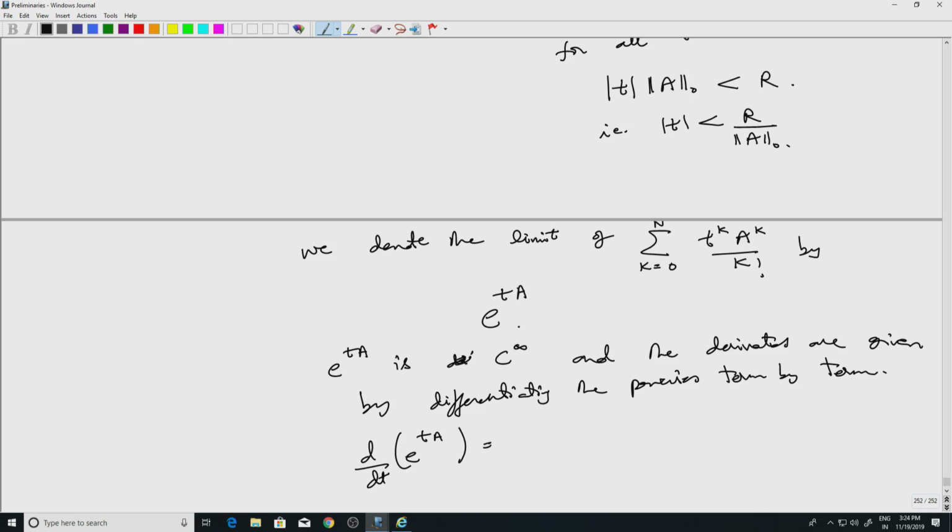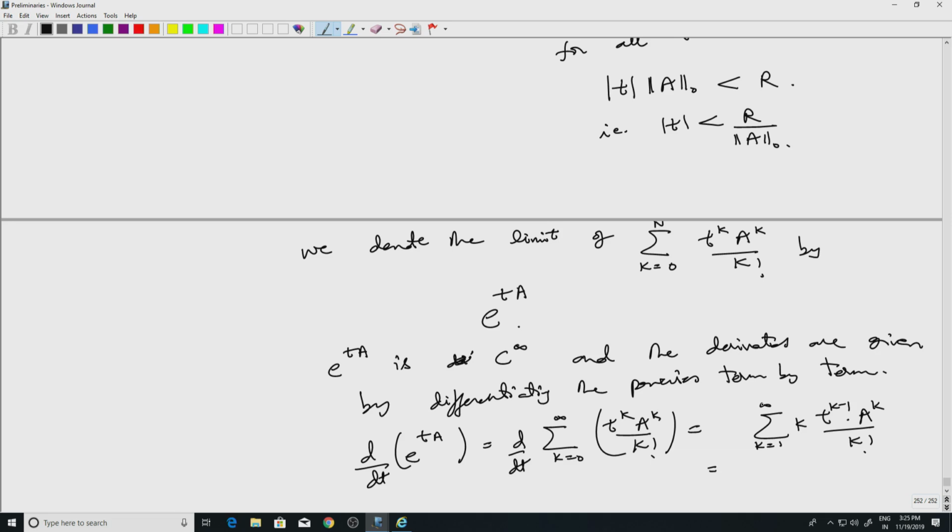This will be d by dt of the sum for k equals 0 to infinity of t to the power k a to the power k by k factorial, and this is k t to the power k minus 1 a to the power k over k factorial, and now of course k starts from 1 to infinity.